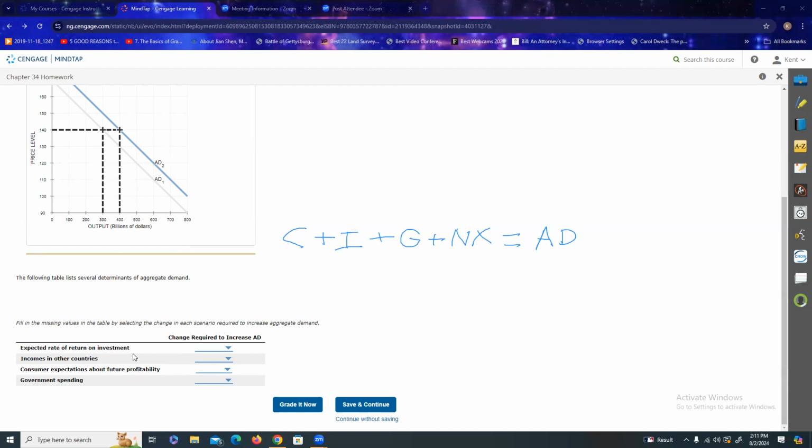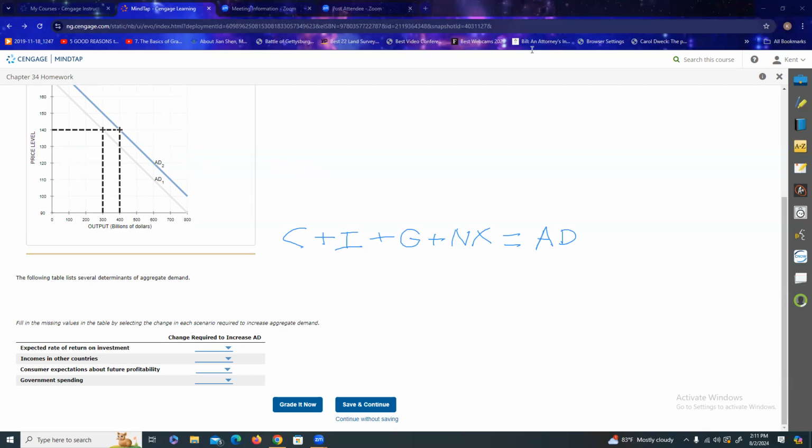Expected rate of return on investment. Incomes in other countries, consumer expectations about future profitability, government spending. Which way would these things have to move for aggregate demand to shift to the right?